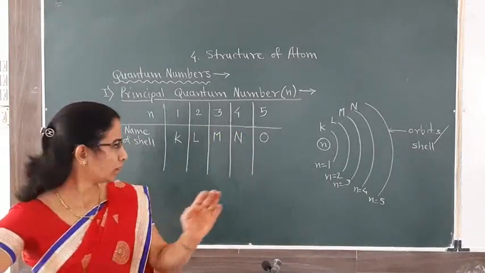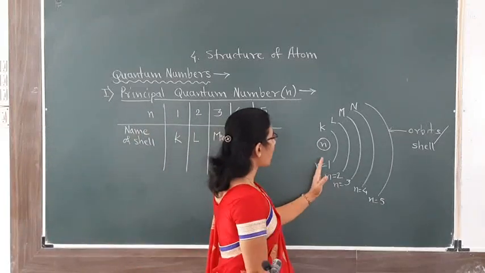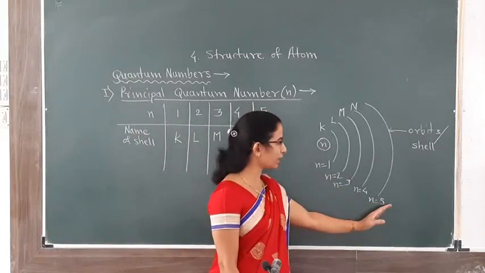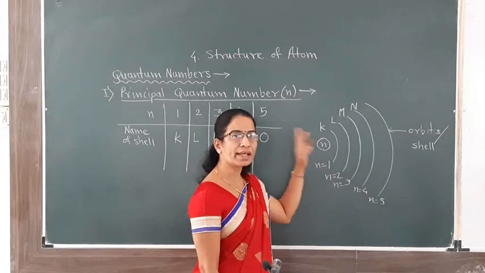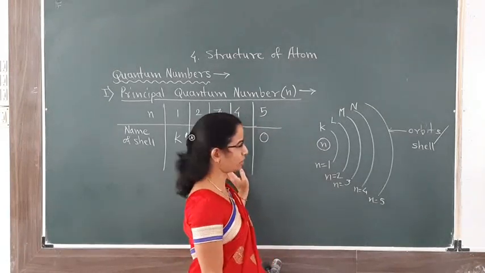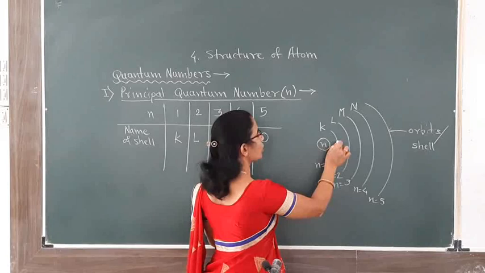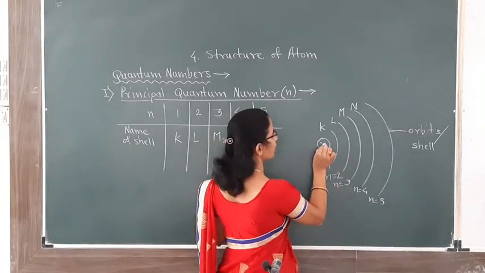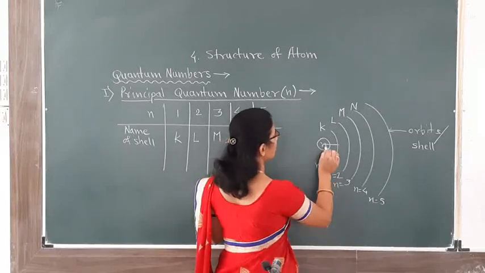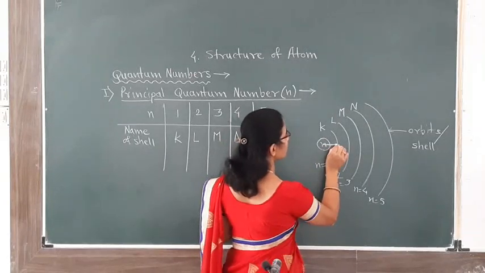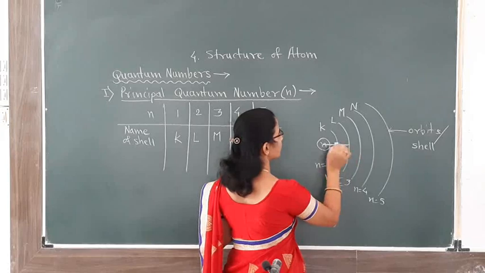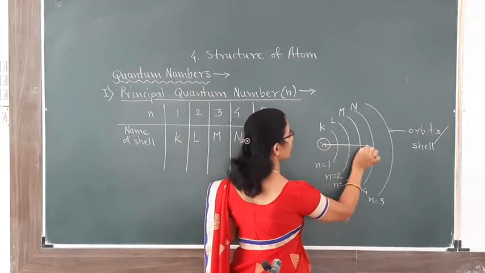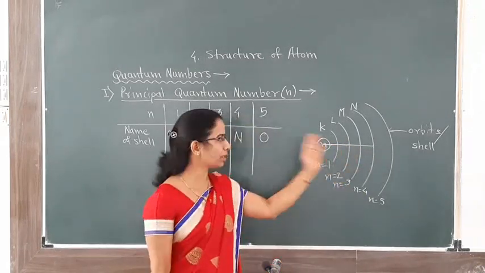Now here, you will observe that as the value of the quantum number increases, the size of the shell also increases. That is, the distance of that shell from the nucleus also increases. Here, this distance is small, but the distance of the second shell from the nucleus has increased. Again, for the fourth shell, it has increased.